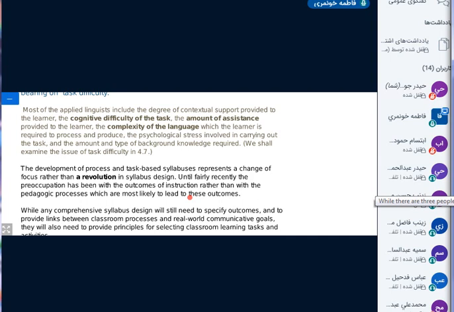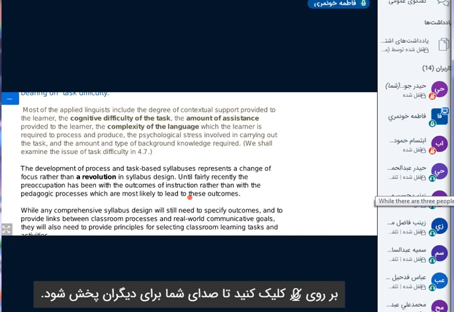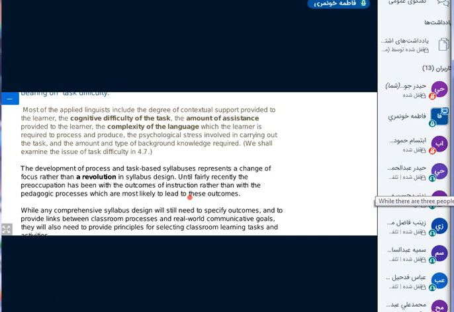So the cognitive difficulty of the task should match the cognitive level of the learners. Then the other one is the amount of assistance that is provided to the learner. This assistance can come from a peer, a fellow student, or it can come from the teacher of the course. And so the more help, the more assistance provided to the learners, the better their performance of the task would be, and the easier the task would be for them.